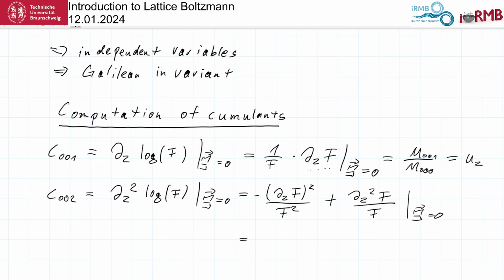Here we have a zero order moment, so this will be rho, and because it is squared, what is left of this will simply be u_zeta squared. And this here is the second moment, so it's plus m002, divided by f, the zero moment m000.